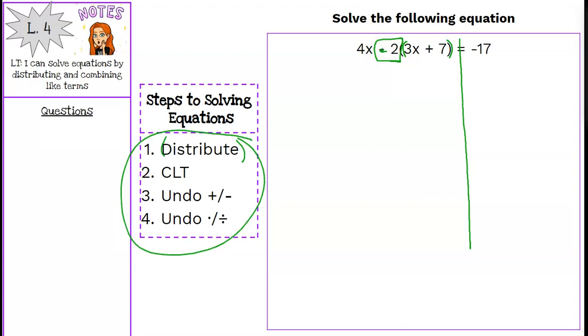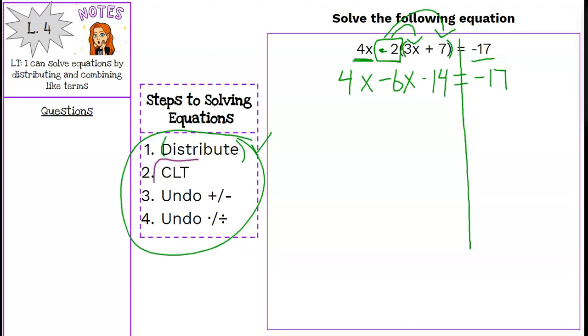So when we distribute, we have to distribute the negative 2. Negative 2 times 3x is negative 6x. Negative 2 times 7 is negative 14. This 4x is still in the problem, so we bring it down. Equals this negative 17. So that's the distribute step.